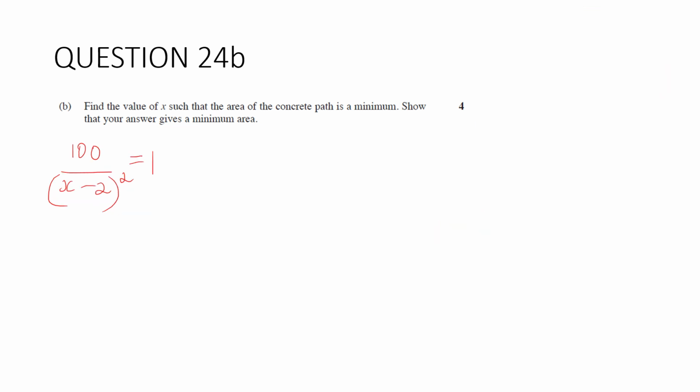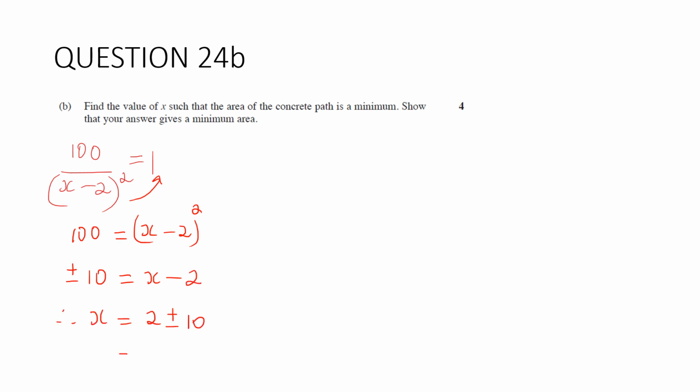Now let's bring that x minus 2 all squared up over here. 100 is equal to x minus 2 all squared. Square root both sides gives us plus or minus 10 is equal to x minus 2. Therefore, x is equal to 2 plus or minus 10, which is going to give us 12 or -8.